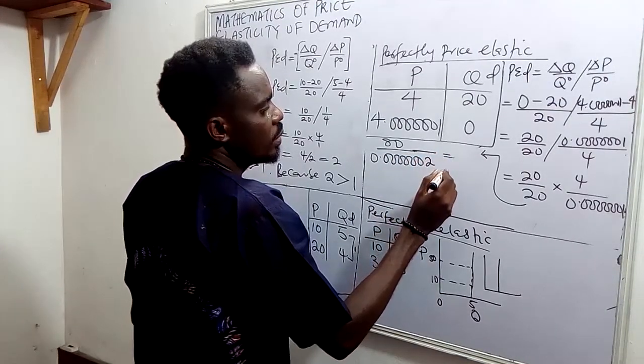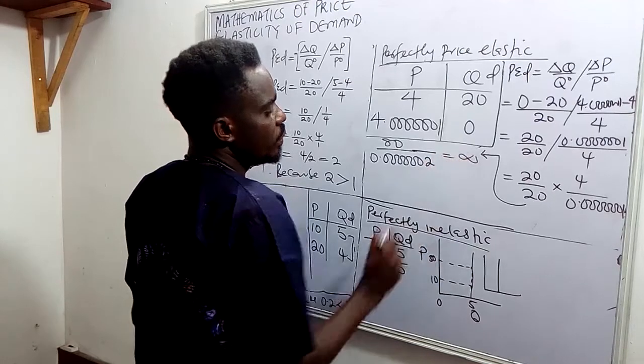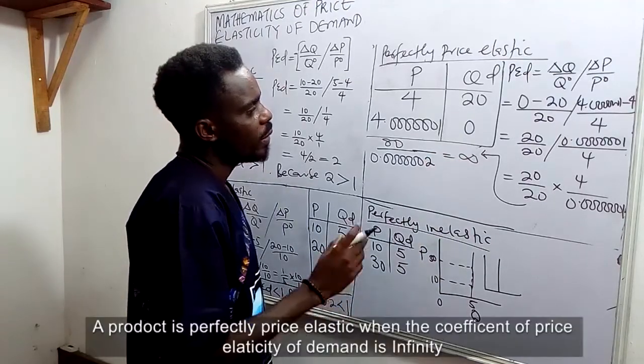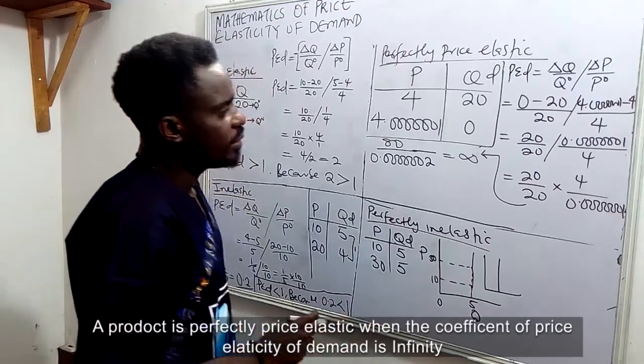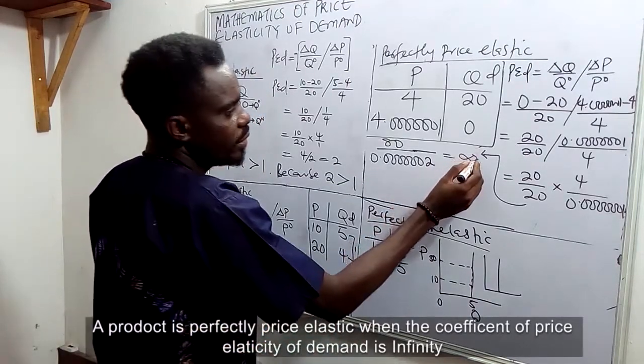This will give us infinity value. Therefore, a product is perfectly price elastic if the coefficient of price elasticity of demand is infinity.